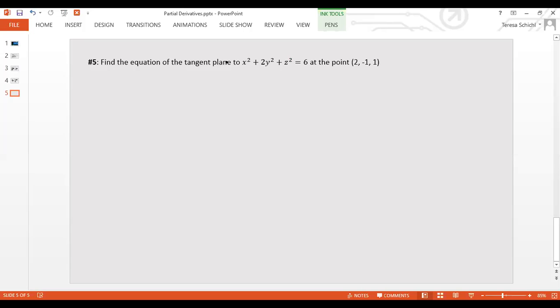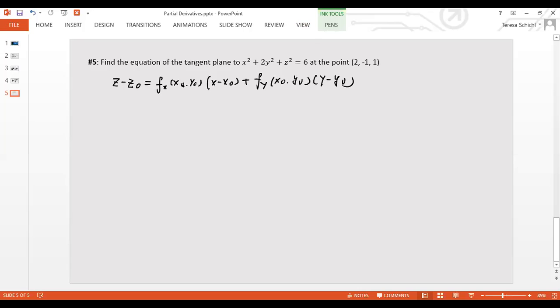This is our tangent plane formula, right? We say z minus z0 equals f of x at (x0, y0) times x minus x0, plus f of y at (x0, y0) times y minus y0, right?